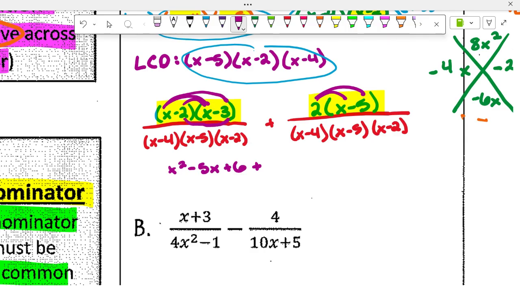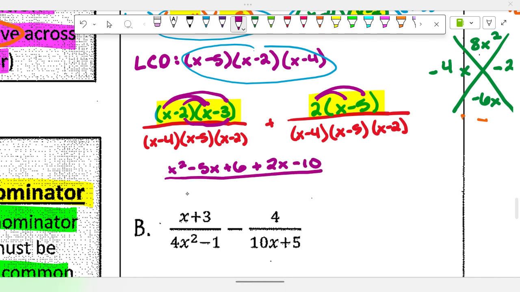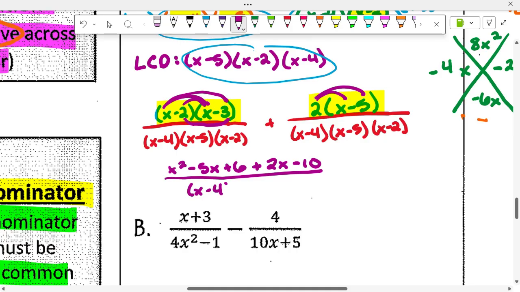All right, so I did FOIL there. I'm going to distribute here. So plus 2x minus 10. It's still all over our denominator. Do not factor through the denominator yet. Just leave it as factors.